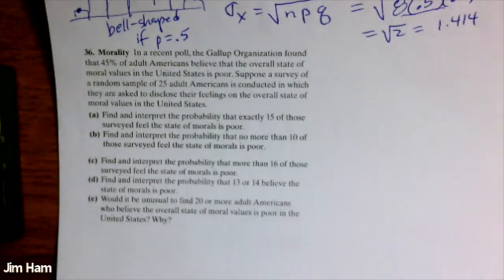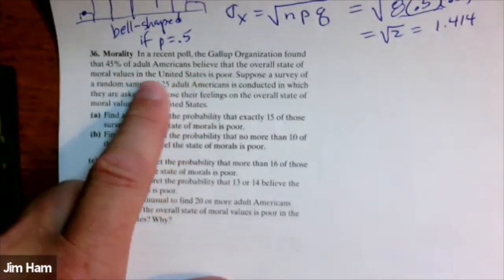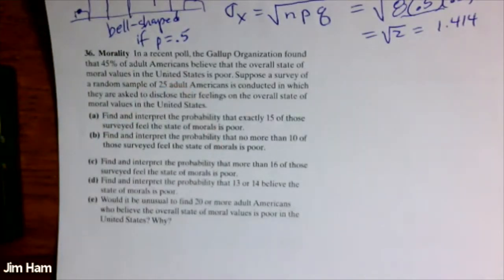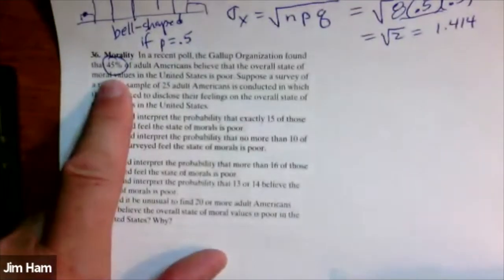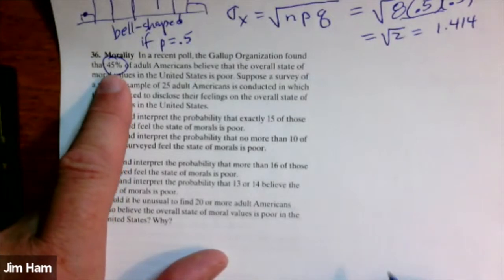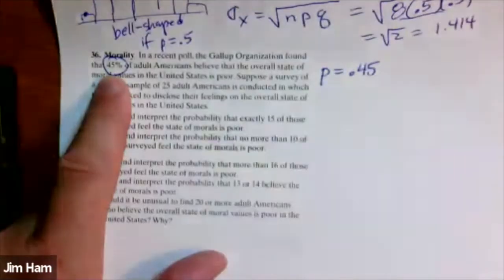This is on morality. In a recent poll, the Gallup organization found that 45% of adult Americans believe that the overall state of moral values in the US is poor. In empirical studies like this, when they give you a percent, that's going to translate into the probability value, and we're going to convert that percent into a decimal.